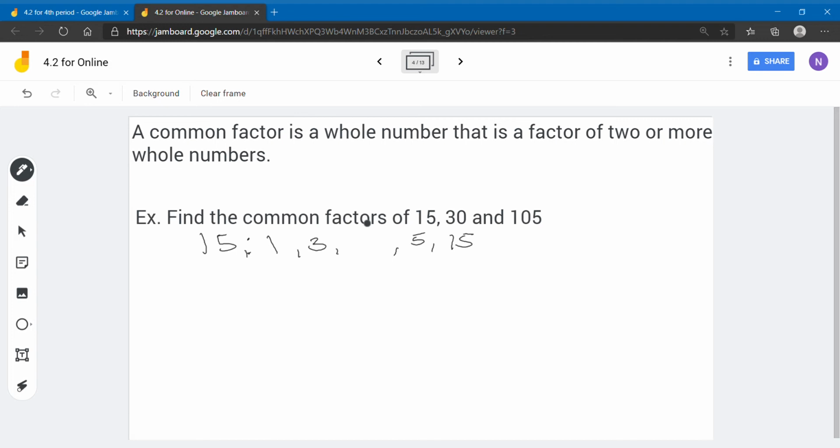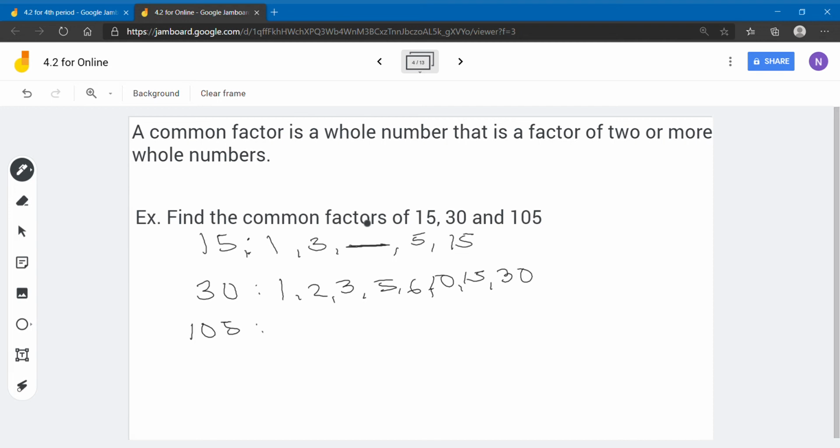Yes, those are all the factors. 30 is 1 and 30, 2 and 15, 3 and 10, and 5 and 6.